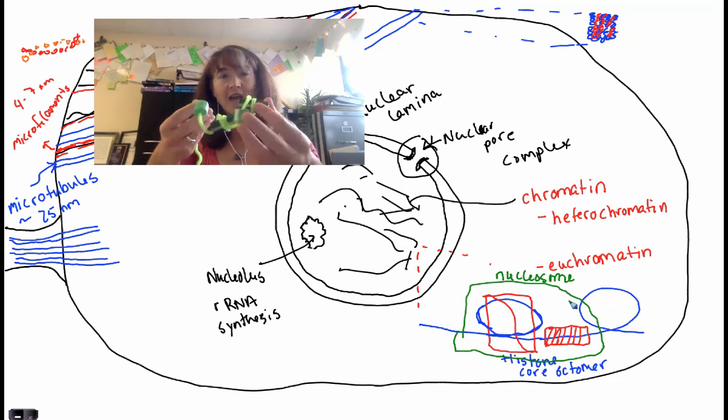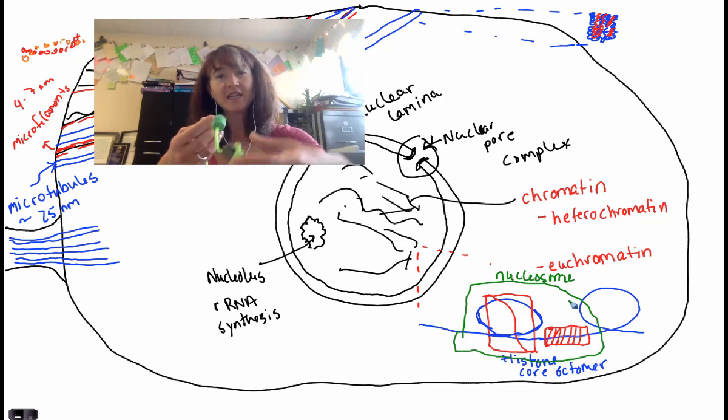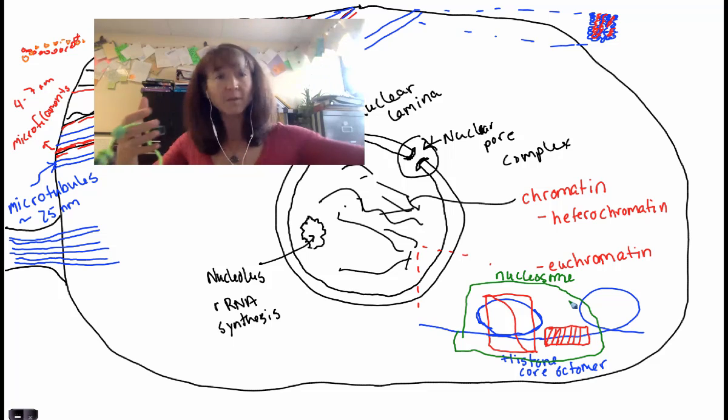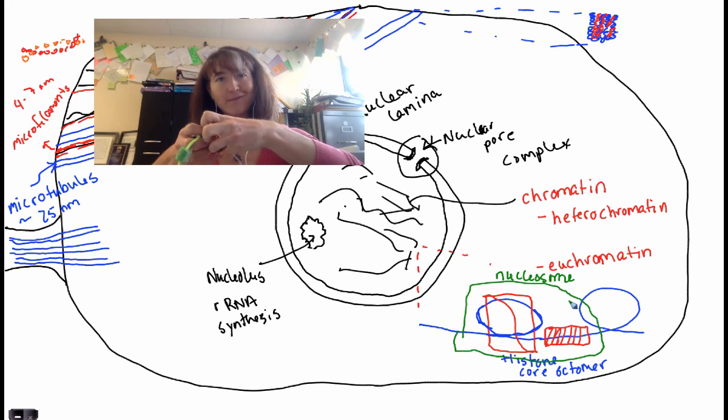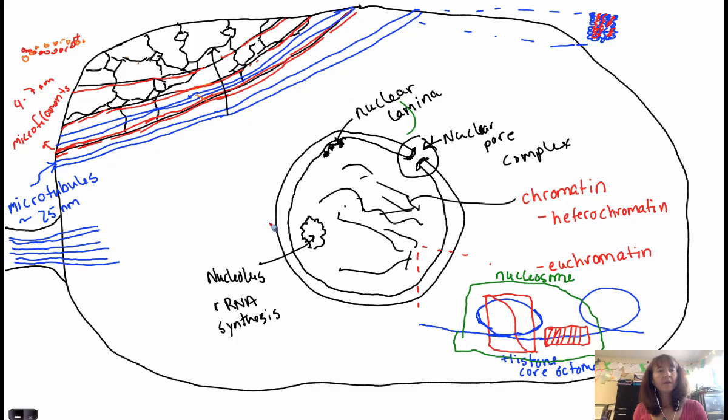We recognize that that packaging takes vast amounts of DNA, remember that exercise we did for prokaryotic cells, and packages them down into something that is much more manageable, particularly in a dividing cell.